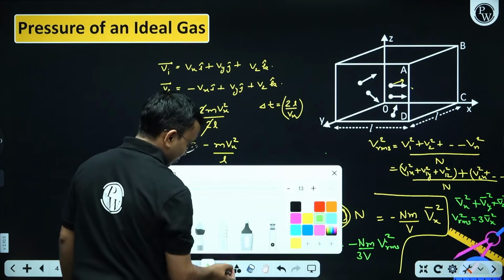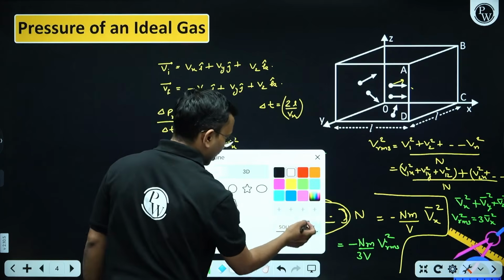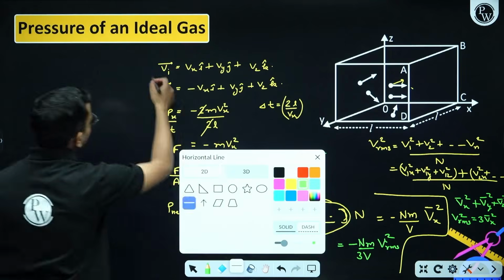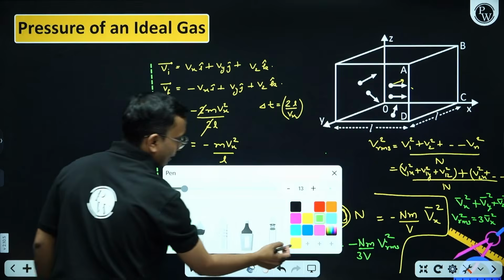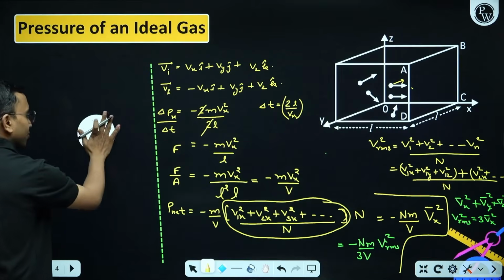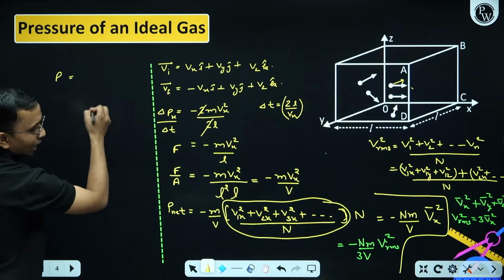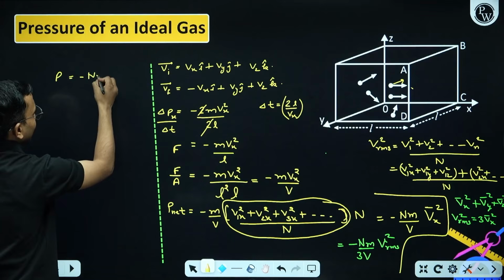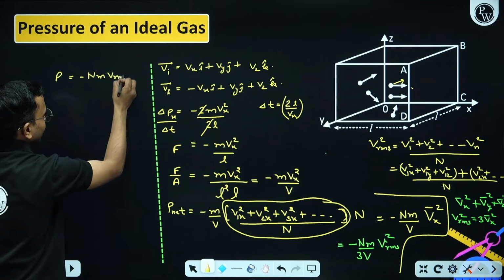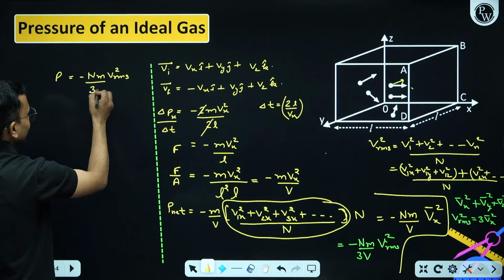Okay, so I got my pressure. What is pressure now? Pressure is coming as minus n into m into VRMS square divided by 3V.